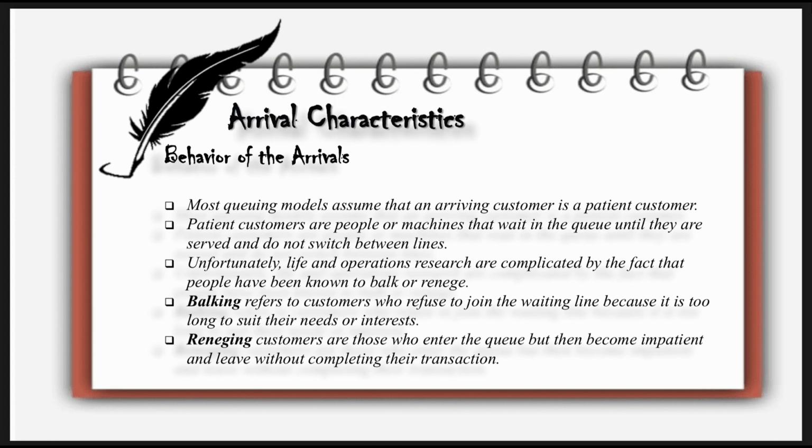And reneging customers are those who enter the queue but then become impatient and leave without completing their transaction. Actually, this is very relevant to reality. Both of the situations just serve to accentuate the need for queuing theory and waiting line analysis.